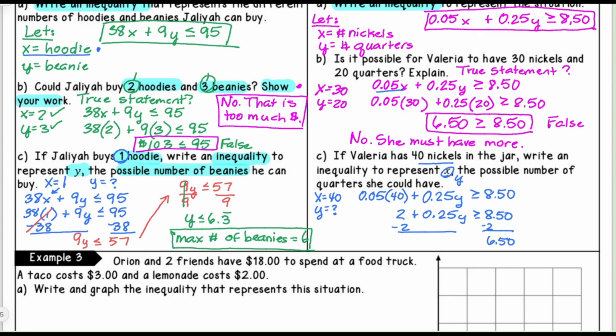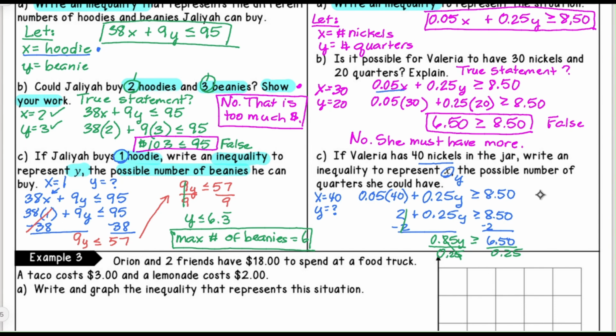And actually I can go ahead and switch colors on this. This can cancel. And I got 0.25y greater than or equal to 650. So I'm going to divide by my 0.25. I got to where I was writing too big.